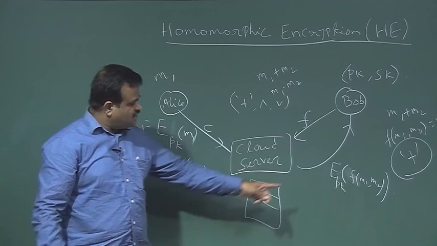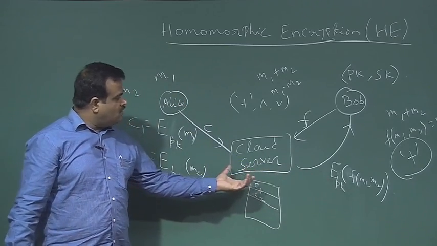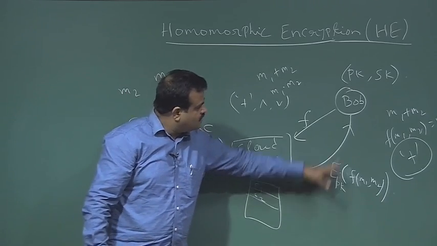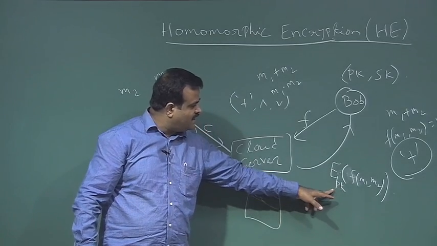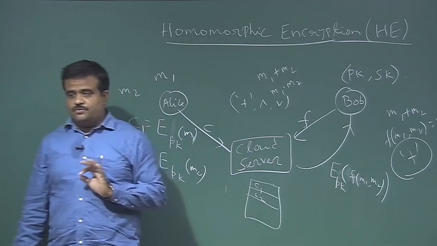Okay. So we want the cloud to do something such that the cloud will be able to send this to Bob, and Bob, having his own secret key, will apply the decryption algorithm on this and get f of M1 M2.